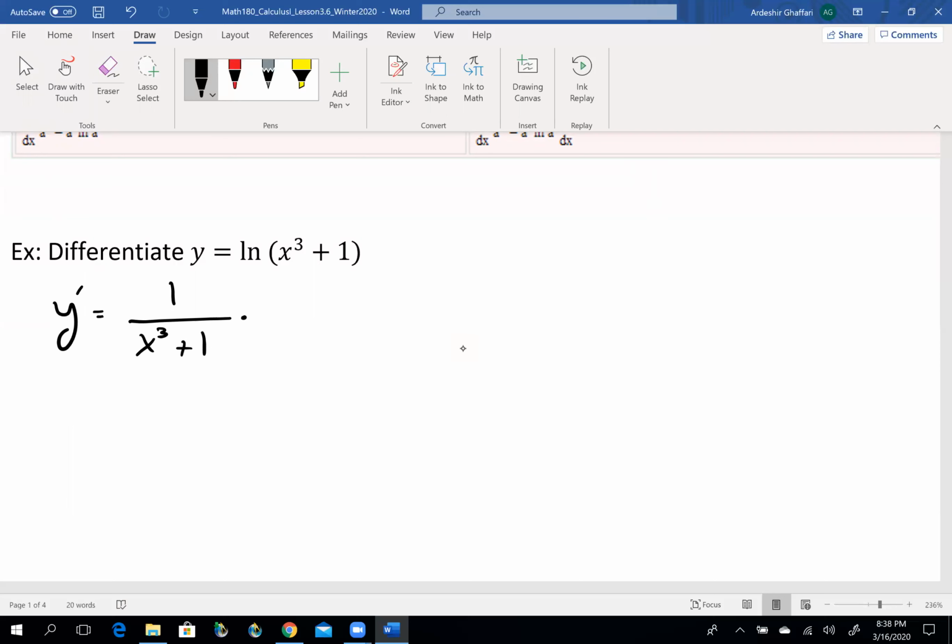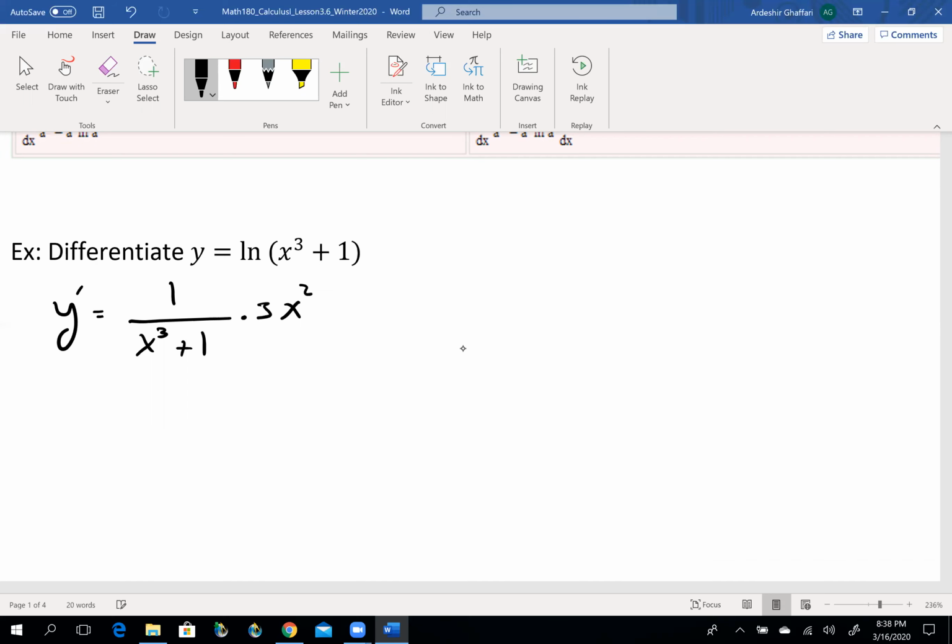So again, the derivative of mother is going to be 1 over x cubed plus 1 times the derivative of baby, x cubed plus 1. So x cubed is going to be 3x squared, and 1 is 0, so it's going to be 3x squared.